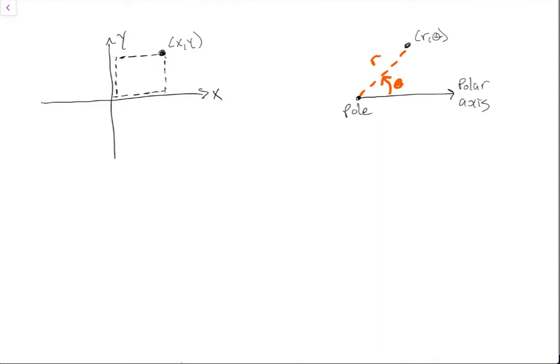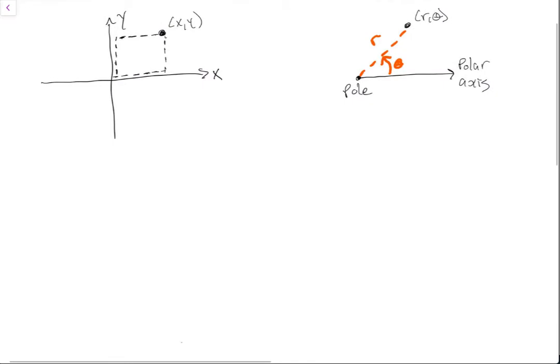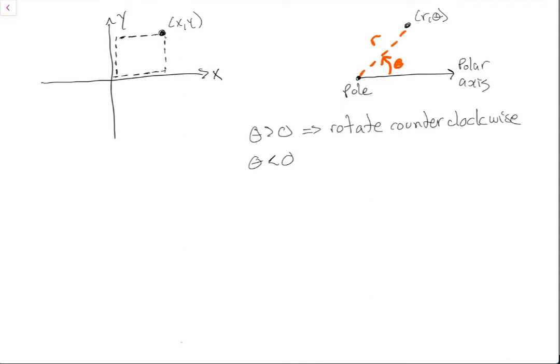Now if we think back to what you would have learned in a trig class, the convention is that if theta is positive, then that means we rotate counterclockwise off the polar axis. And if theta is negative, we rotate clockwise. So, for example, let me throw another grid down here.